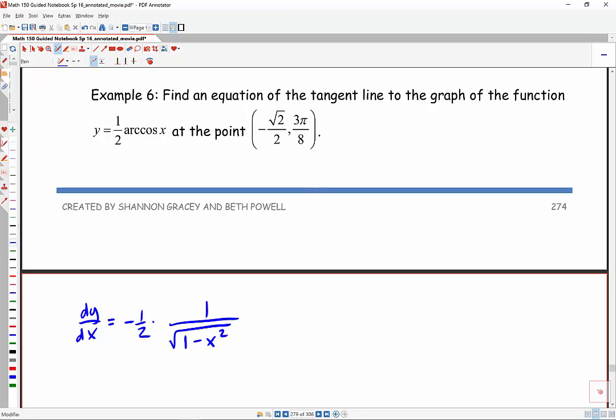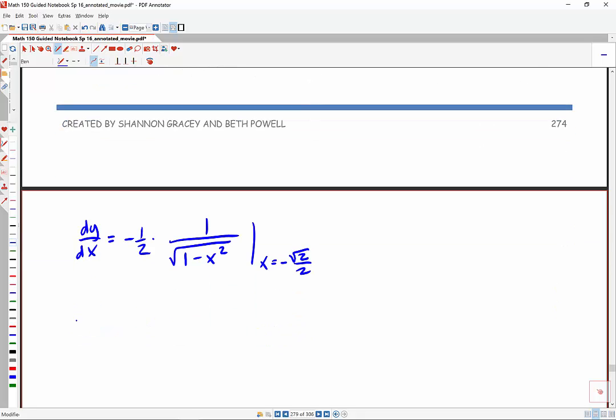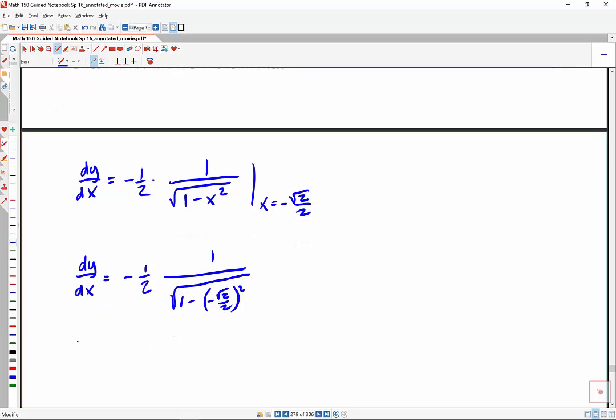So at that specific value, we'll have negative 1/2 times 1 over the square root of 1 minus negative root 2 over 2, the quantity squared. So cleaning it up, dy dx will be negative 1 over the square root of, that's 2 over 4, so we would have 4 minus 2 all over 4.